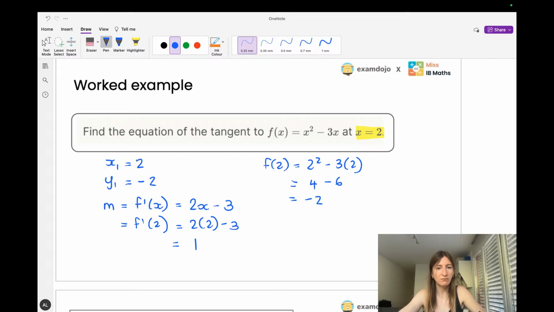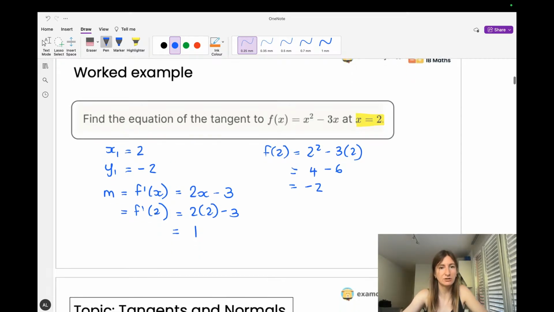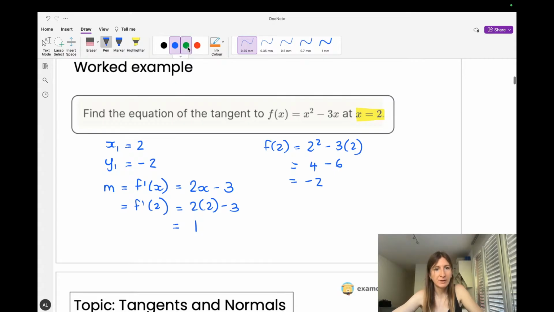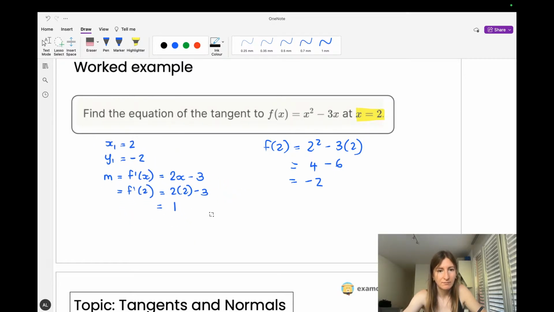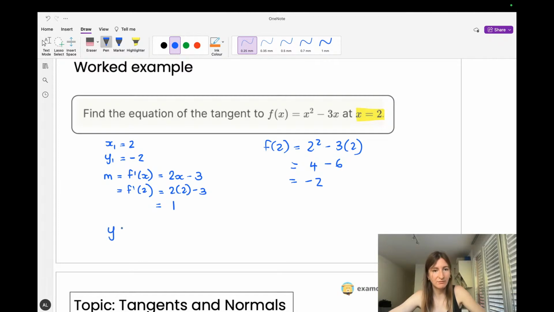And now I have all of the things that I need for this tangent, so I can write it into the formula. So now I write that into my formula. y minus y1 equals m times (x minus x1).